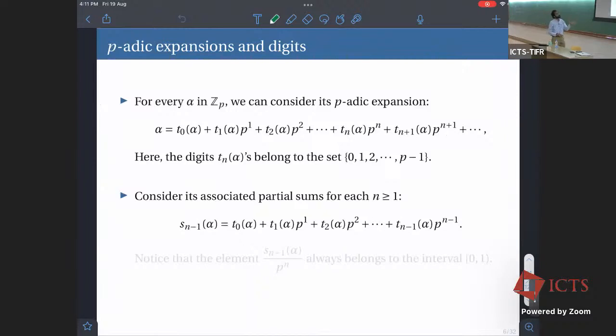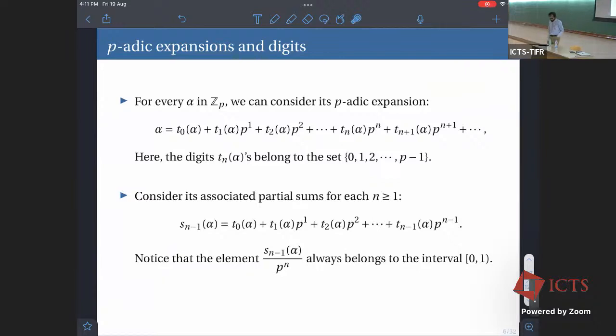I also want to consider the partial sum, which means I truncate it at the nth level. If I truncate it at the nth level, I get this partial sum S_{n-1}(alpha), which goes all the way up to p^{n-1}. The partial sum is bounded by p^n, so this partial sum divided by p^n always lies in the interval 0 to 1.